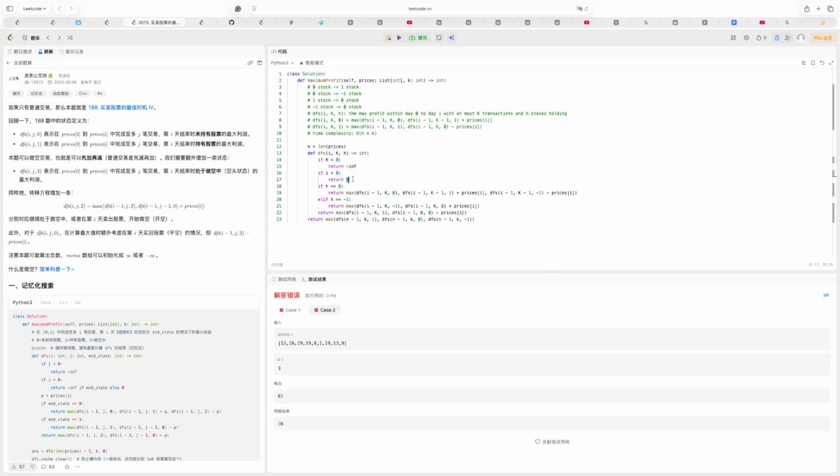I think it means when we haven't started a day, we should not be at any of the states. Like we cannot hold a stock, or we cannot hold -1 stock.